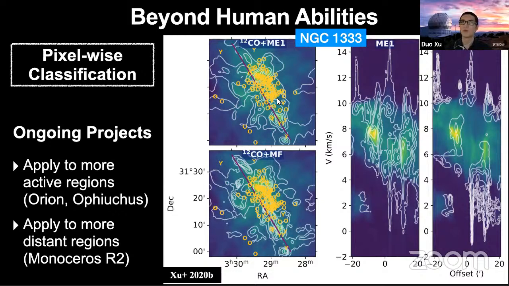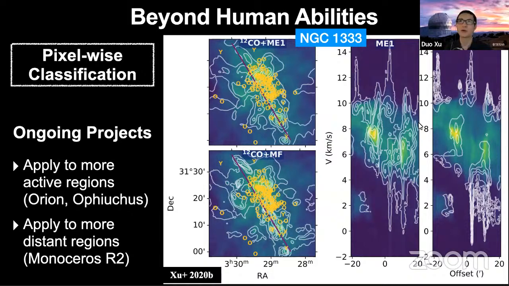We could say feedback or outflow are everywhere. And if we give our model a PV cut, a position-velocity cut, it is able to highlight these high-velocity blobs clearly and exclude the contamination near the rest-frame velocity channels.